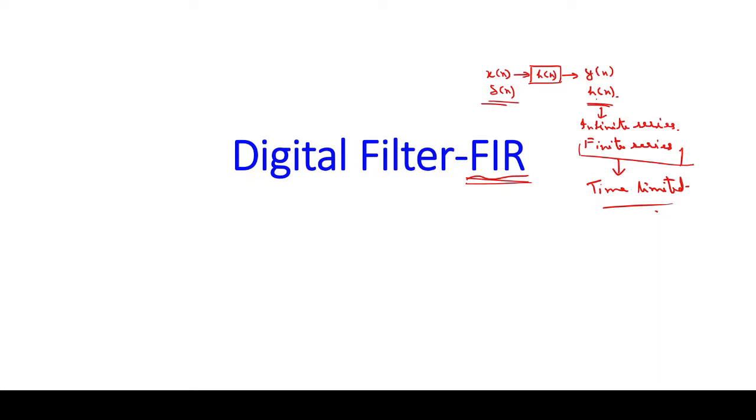So the systems that have h(n) values which are infinite in series are regarded as IIR, infinite impulse response filters, whereas the systems which have a finite series of h(n) are regarded as FIR filters.